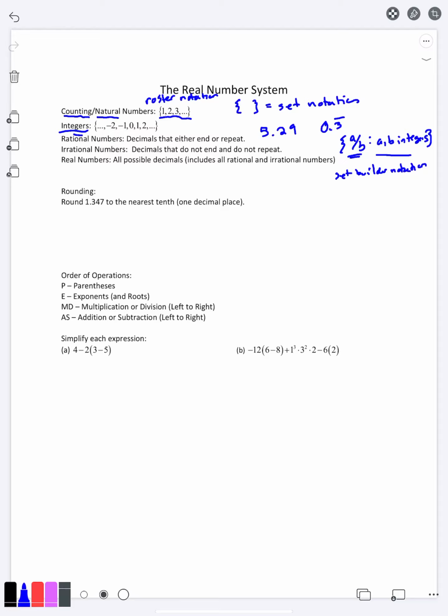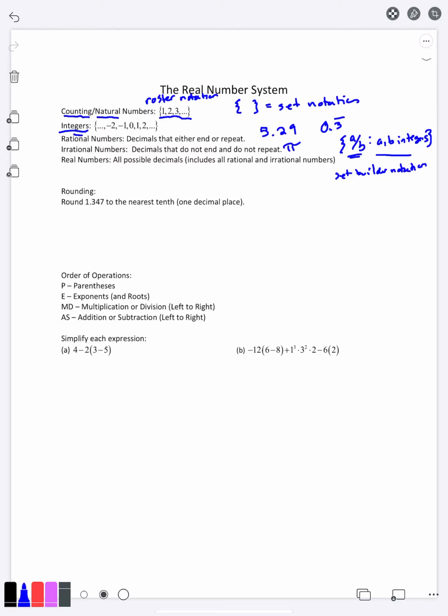On the other hand, there are things such as irrational numbers. Irrational numbers are ones that do not end and do not repeat. An example of an irrational number is the number pi. You guys have seen the number pi before. It's talking about circles.